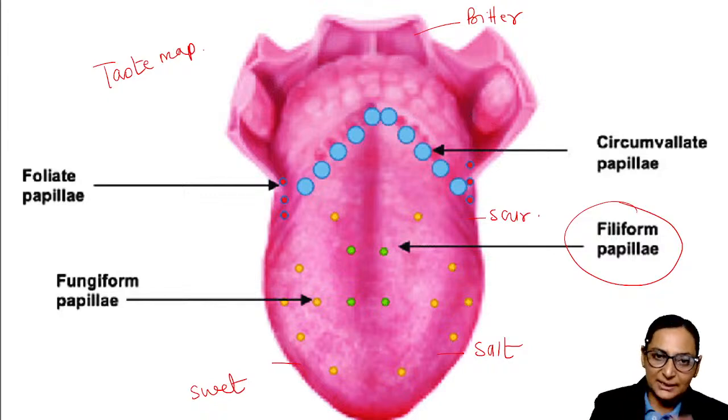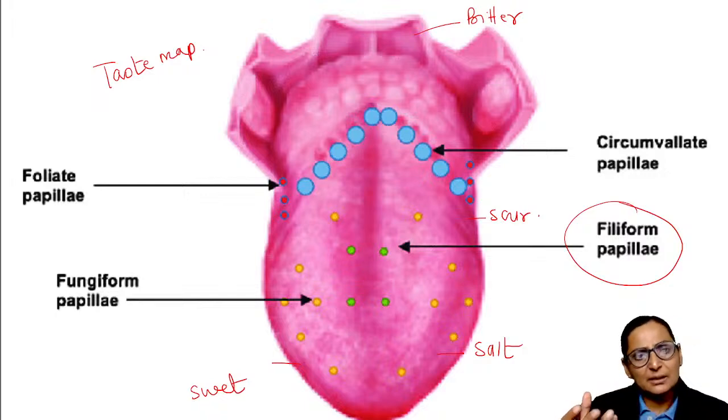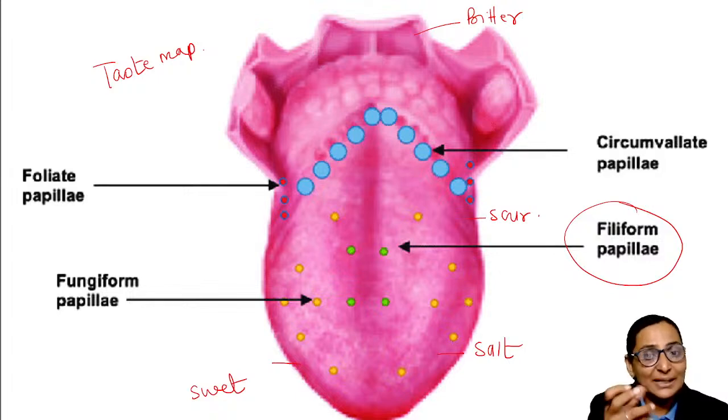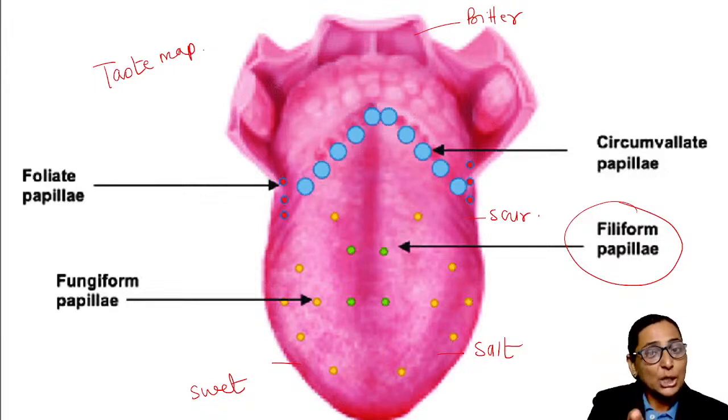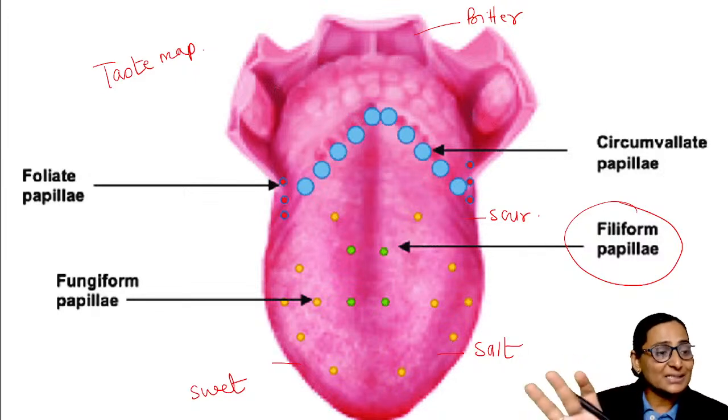Every part of the tongue can perceive every taste, but you can assume that the threshold or the stimuli required would be less. But if you keep a crocin tablet even at the tip, or even if you keep sugar at the back, you will perceive the same taste. So this taste map is no longer acceptable, right?